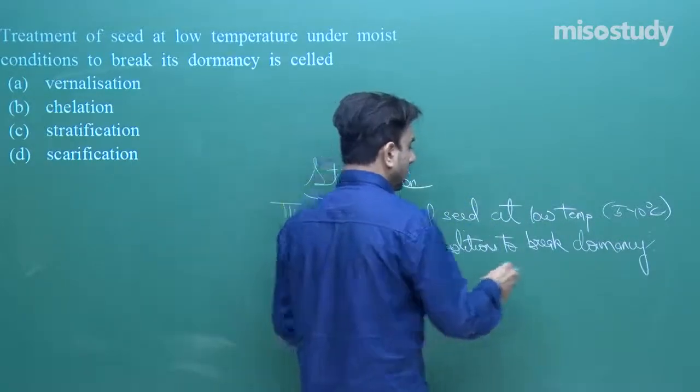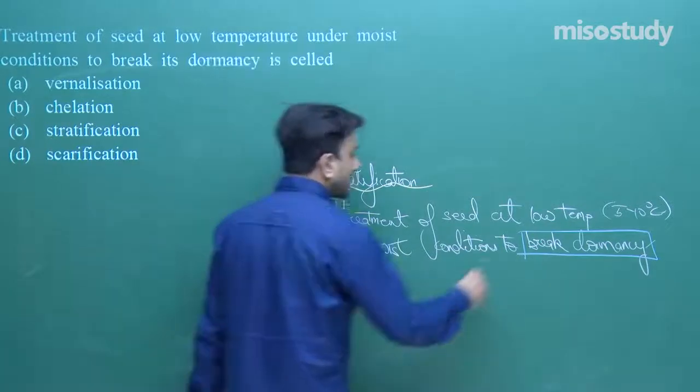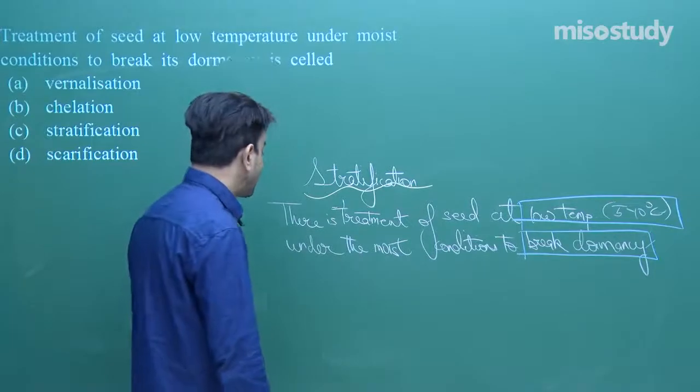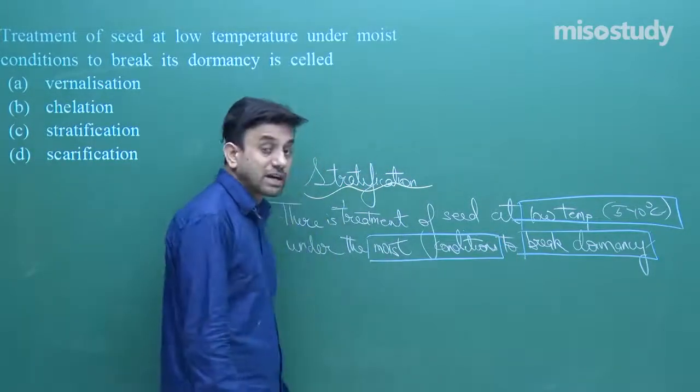So there is treatment of seed at low temperature, 5 to 10 degrees centigrade, under moist conditions to break the dormancy, and that is what stratification is.